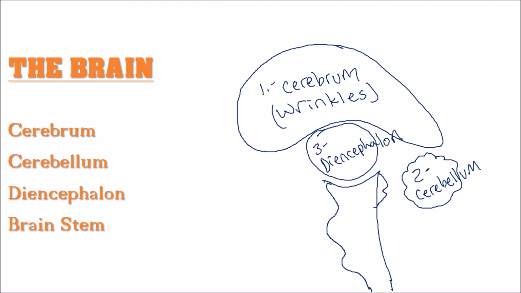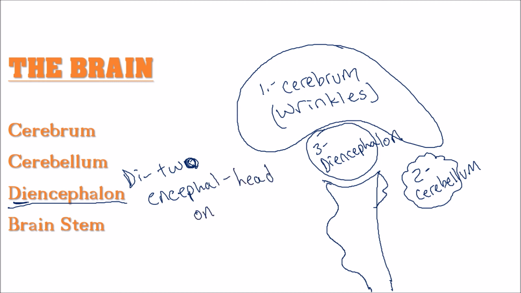And the thing about the diencephalon, di means two, the number 2, and then encephal just means head, and on just means pertaining to.